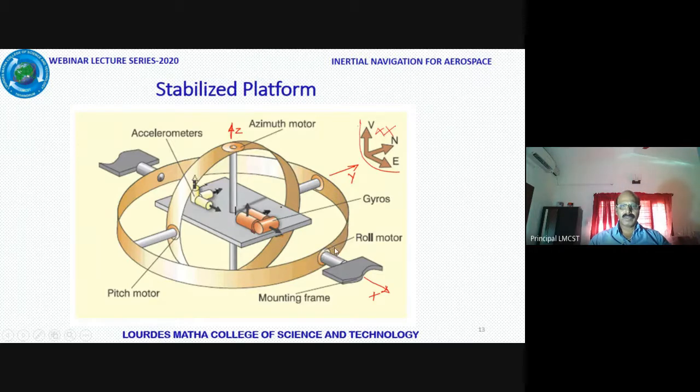Whatever angular motion comes onto this, we call it by specific angular names in sequence: theta about x-axis, psi about y-axis, and phi about z-axis. So the angular rotations here about the outer, middle, and inner gimbals, those three angles, are actually the Euler angles.